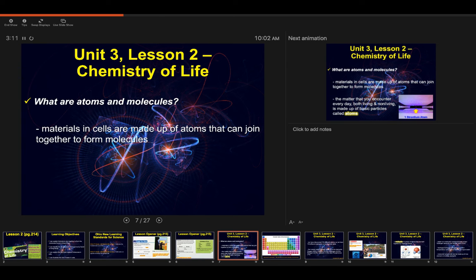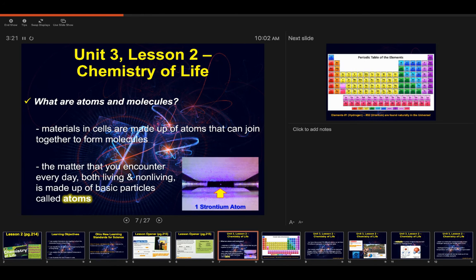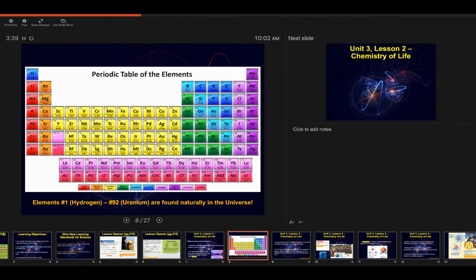Materials in cells are made up of atoms, and then the atoms join chemically to form molecules. A good definition of atoms is the matter that you encounter every day, and it's living and non-living. That's the key. Cells are just in living things. Atoms can be both. They are the basic particle that you encounter every day of your life.